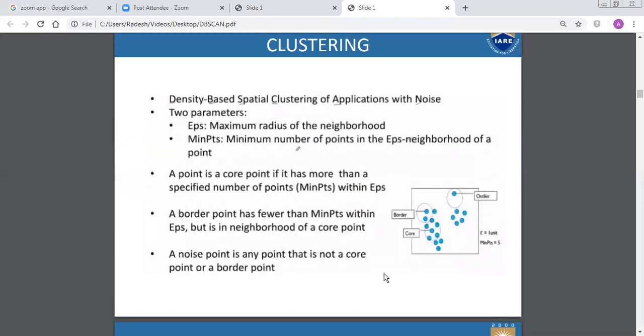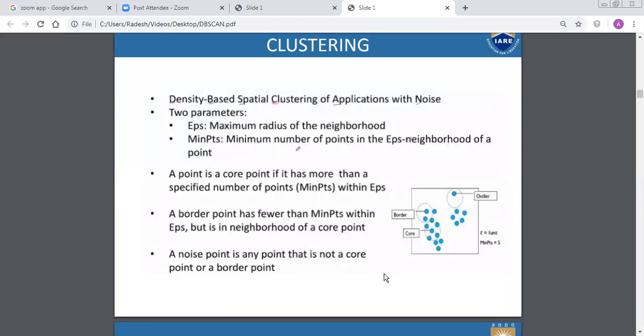And the next one. If you look here, the abbreviation of DBSCAN. Kindly make note of this or remember this one because we are going to use this abbreviation frequently. Density Based Spatial Clustering of Applications with Noise.